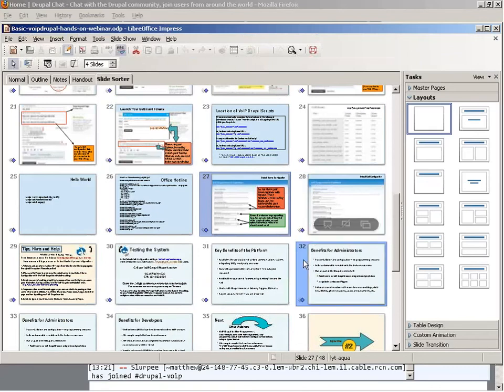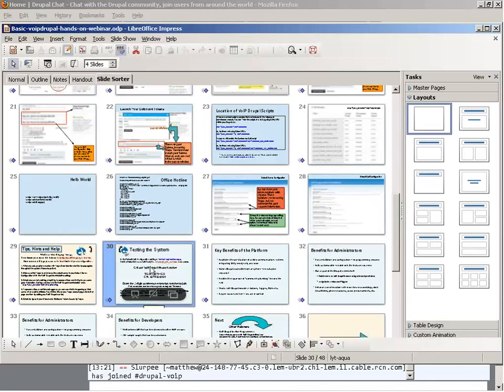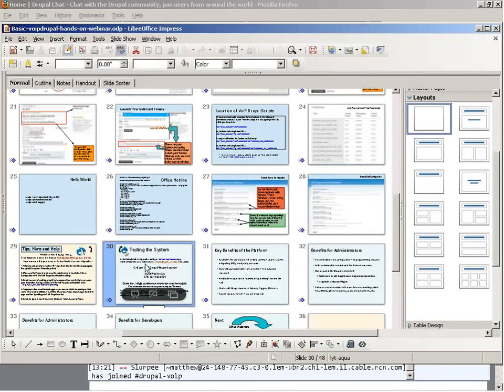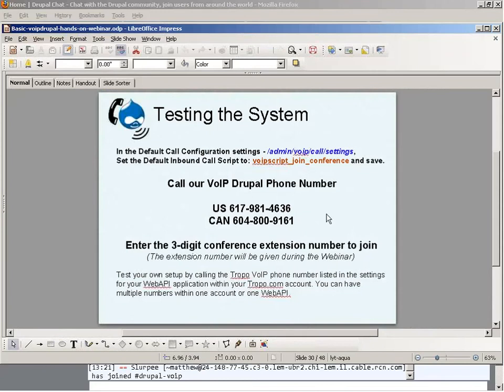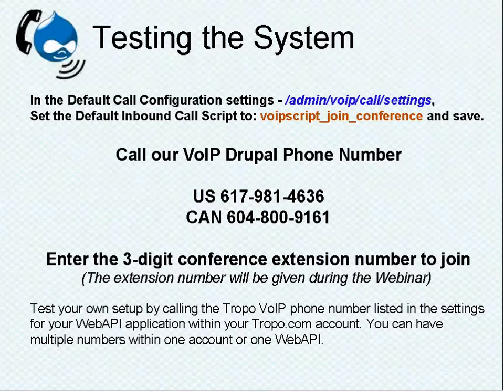Under the call configuration here, we're looking for the server configuration. We will go here, and this is where we make sure that Tropo is set as our default server.